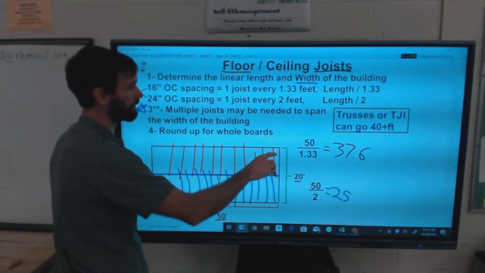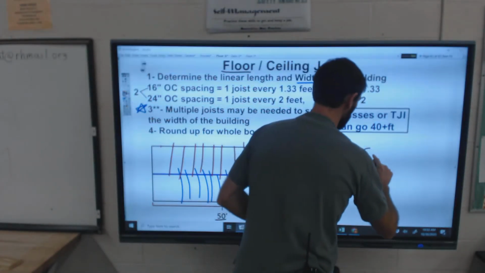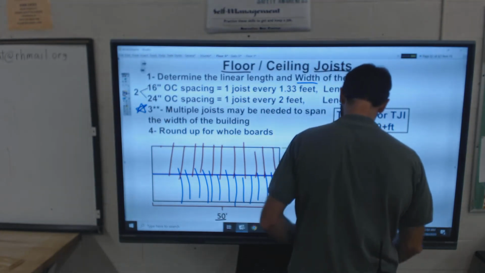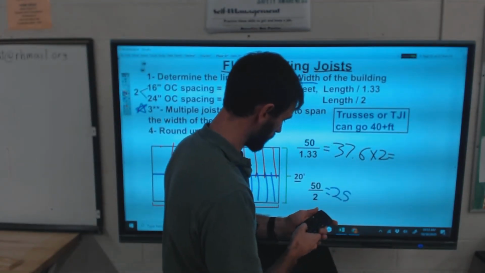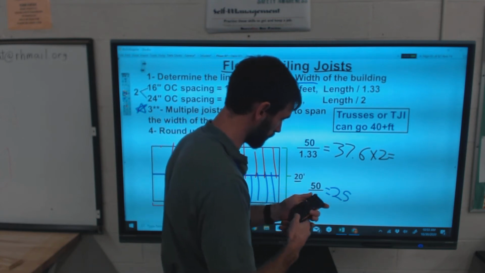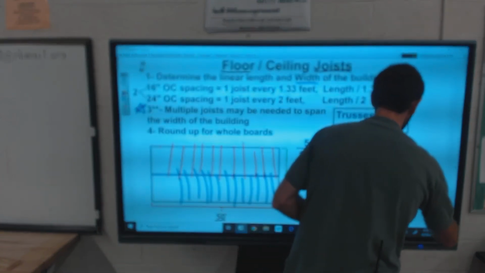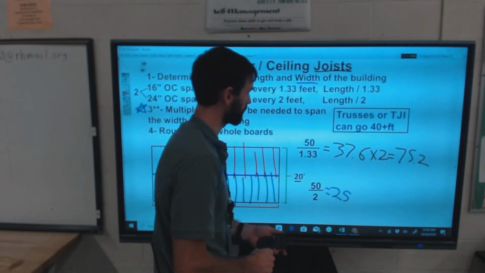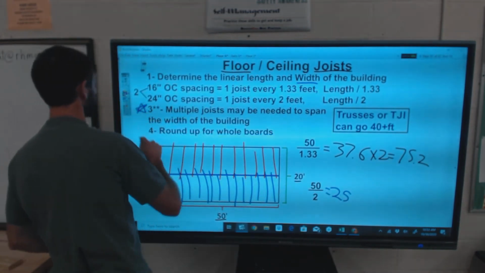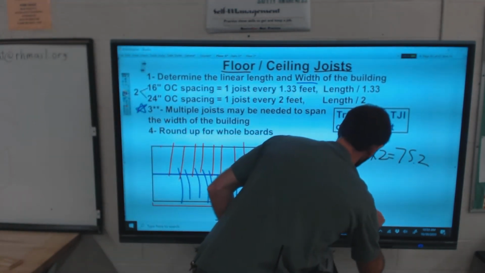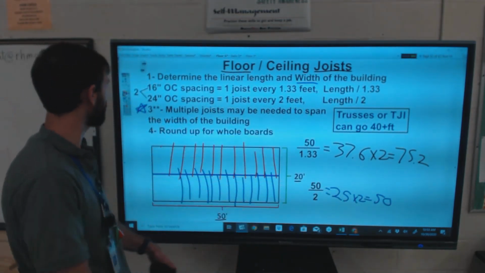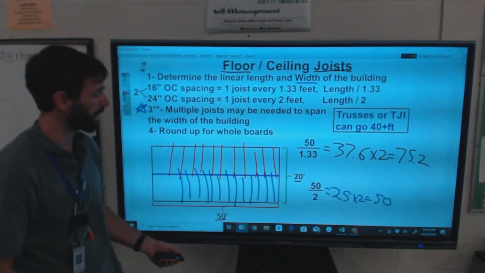So up here, 37.6 times 2 equals 75.2 joists. Well, 25 times 2, that's pretty simple here, equals 50.